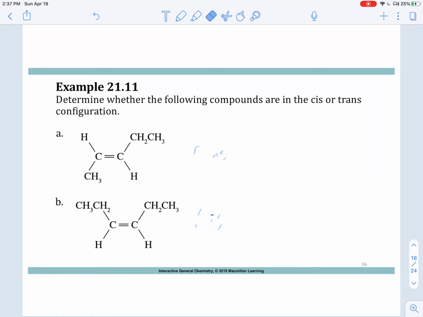So the longest carbon chain here is 1, 2, 3, 4, and 5. It's kind of drawn a little bit differently than we're used to, but still, this is 1, 2, 3, 4, 5. So this is definitely a pent. And we have a double bond, so it's a pentene.